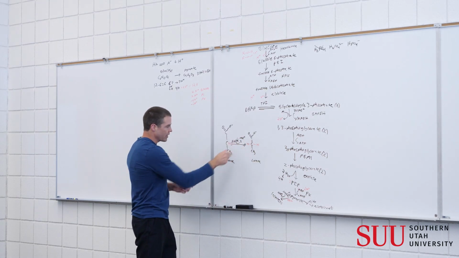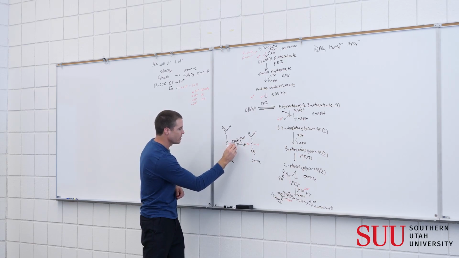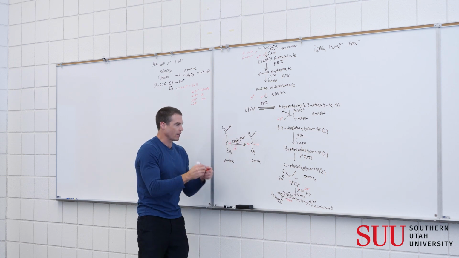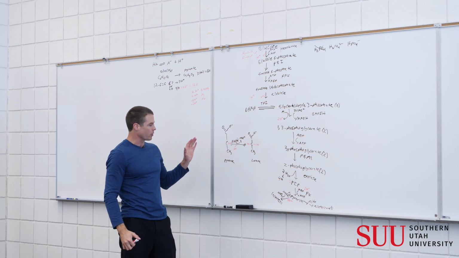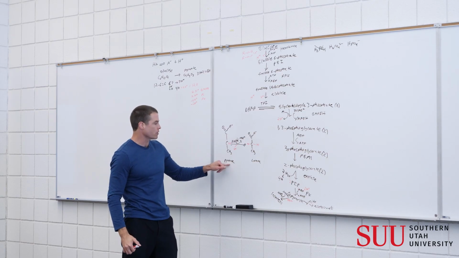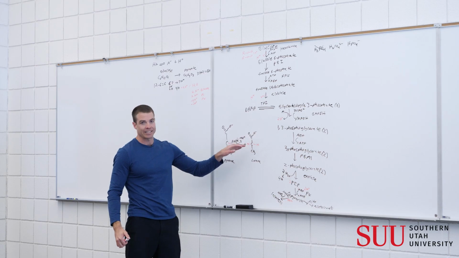Now, we have to add another hydrogen over here. Where did that hydrogen come from? That hydrogen was a hydrogen ion that came from solution. That's where it came from. So this is the redox reaction of converting pyruvate to form lactate. You literally consume a hydrogen ion to make the lactate molecule.